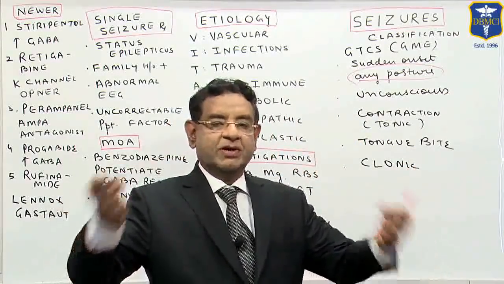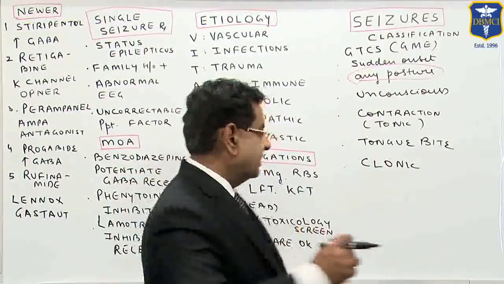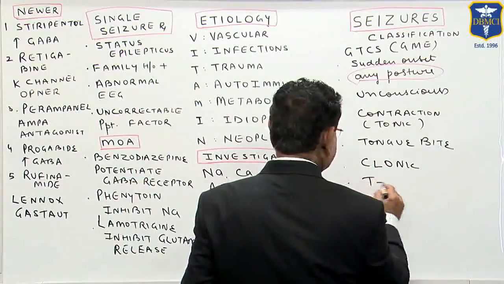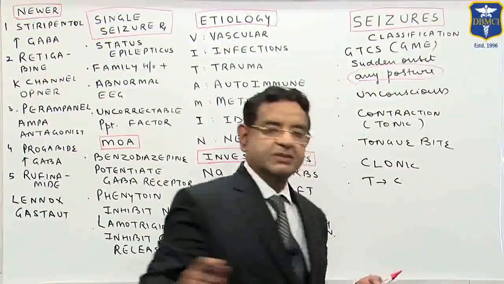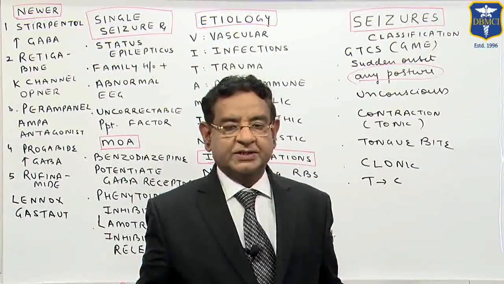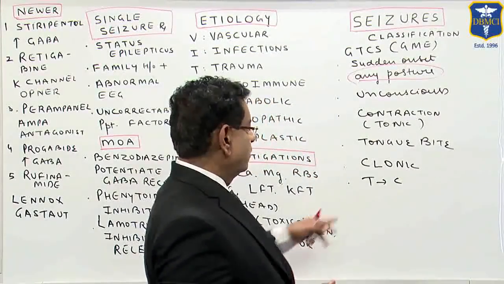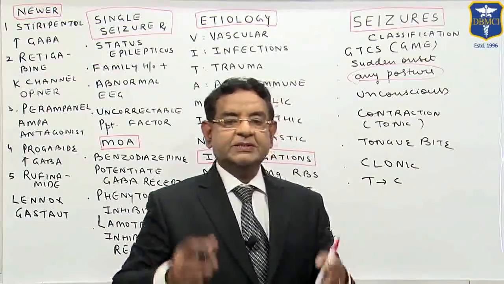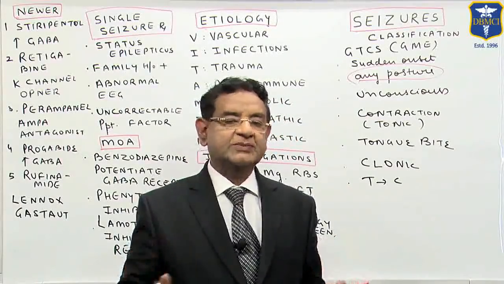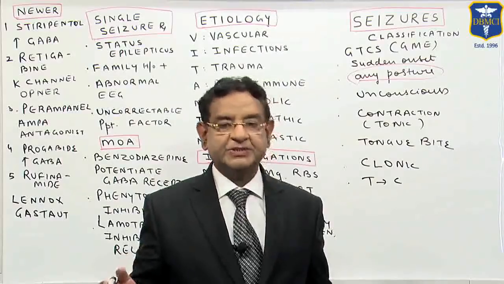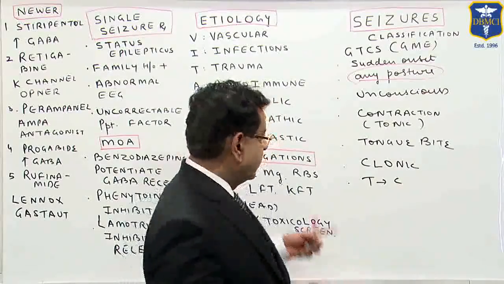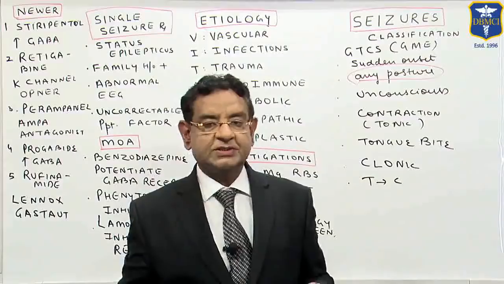Again muscle contract, relax, and that's why tonic clonic process occurs. Well, this process lasts for about 10 to 15 minutes. And remember, patient is unconscious.